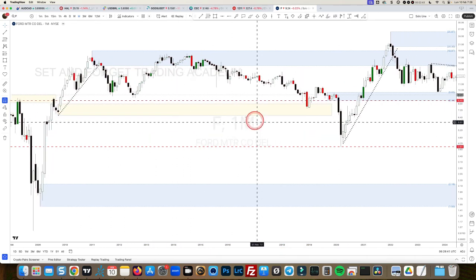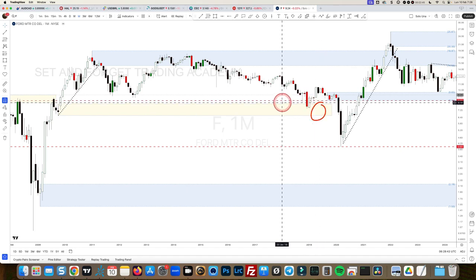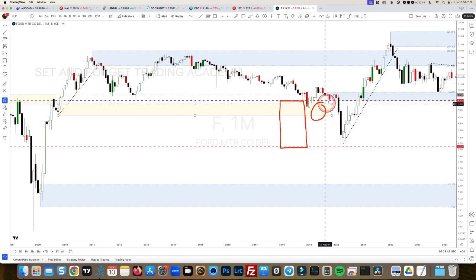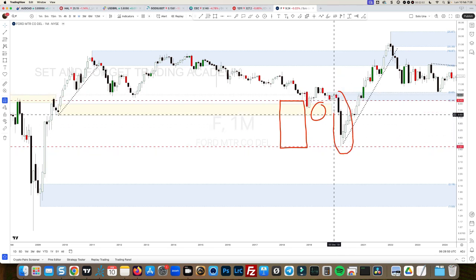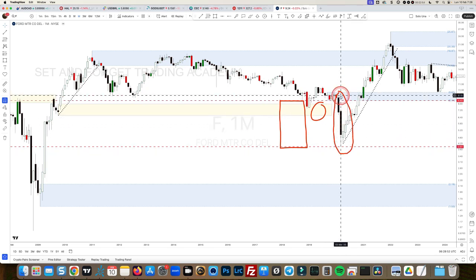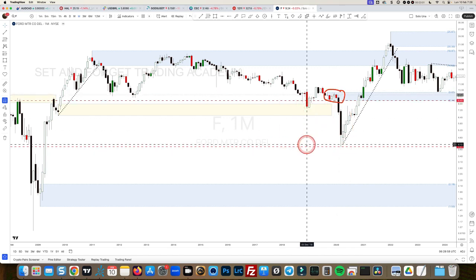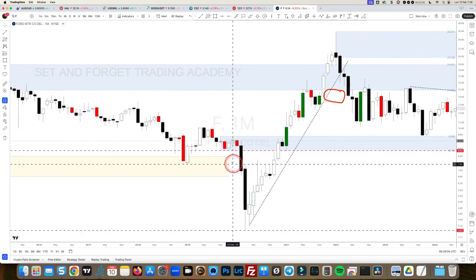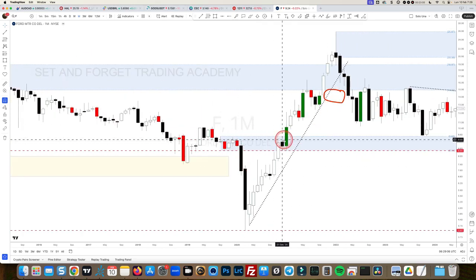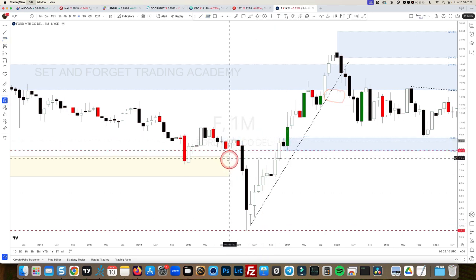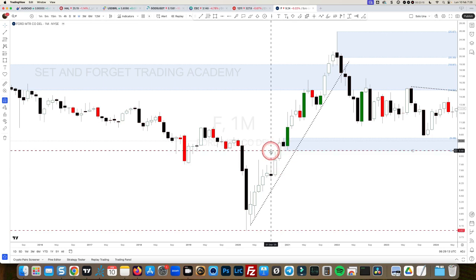Since this is the demand level being eliminated within this range, which is contained within this impulsive move, this sell-off, then this impulse here should be supply. This should be supply as per the rules. So if this is supply, then this little guy over here is demand. So we eliminate all this for now, to make things more clear.